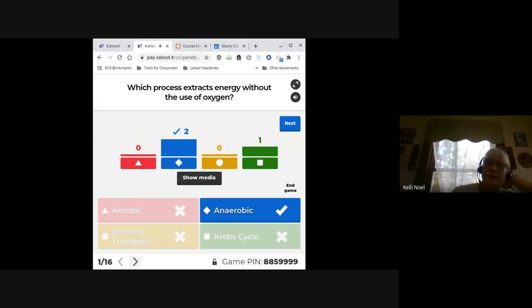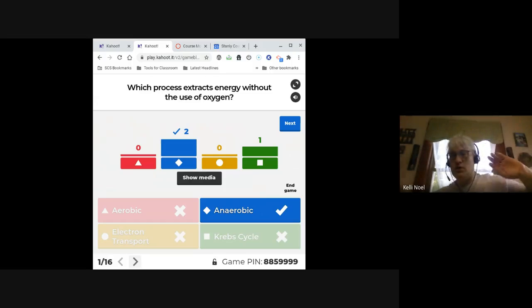The prefix AN means without, and AERO means oxygen or air. So any process that gets energy that doesn't require oxygen would be anaerobic, and that is going to be fermentation. That's the one process we had talked about.